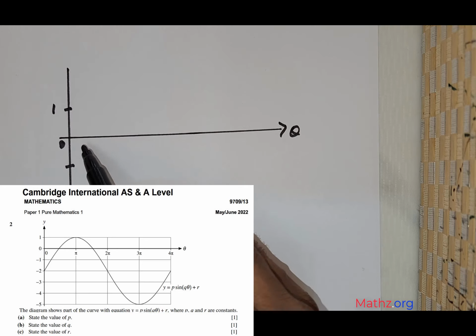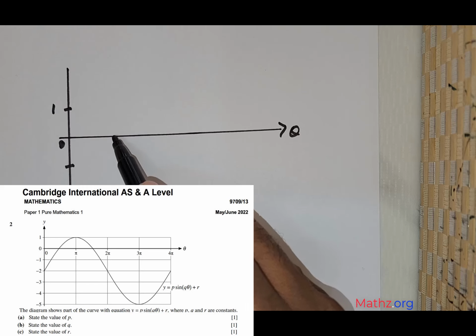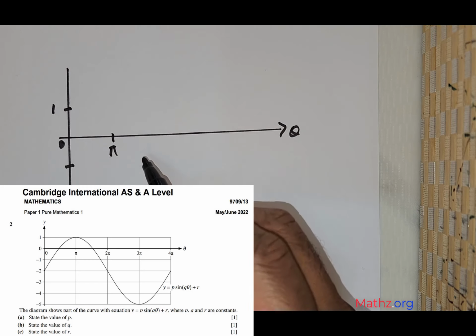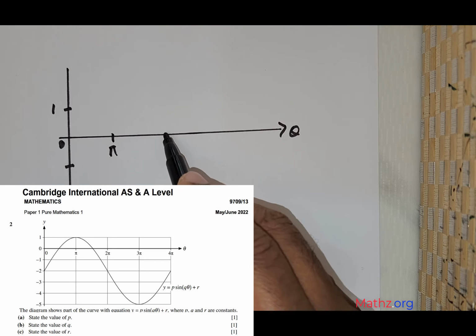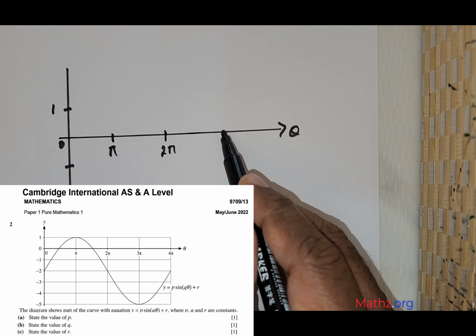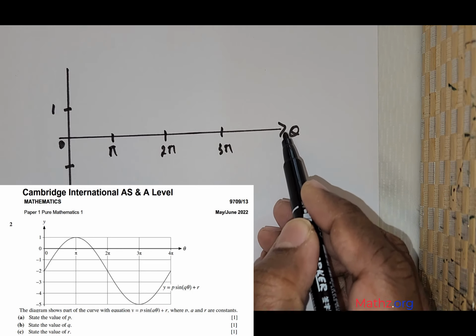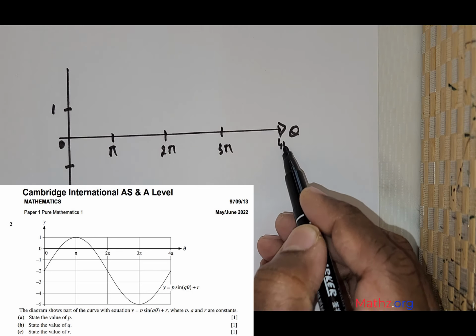Now this is a sine curve. The curve starts from -2 and reaches 1 at pi. Then this is 2 pi, this is 3 pi, and this is 4 pi.